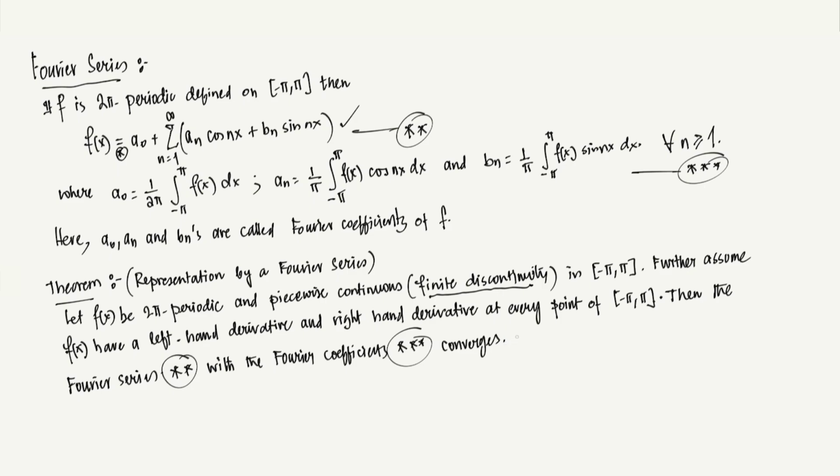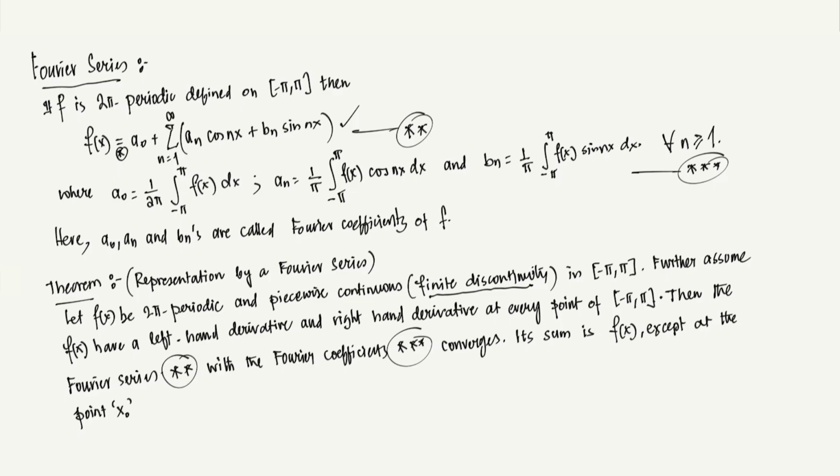Yes, and what about the sum? Basically its sum is f of x, except at the point x naught. What is so special about x naught? So x naught is a point of discontinuity. If it is always continuous, no issue.